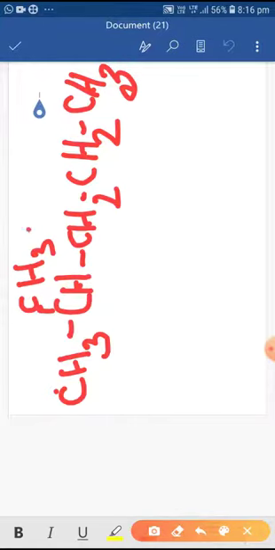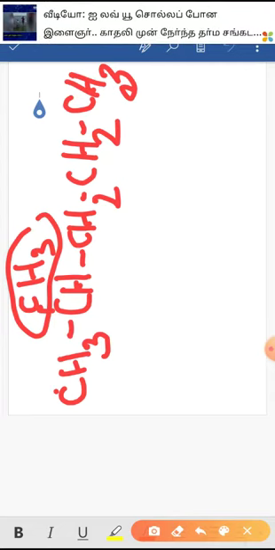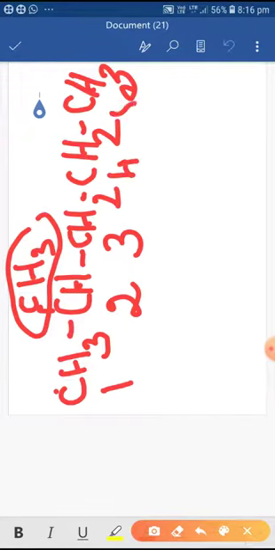Here CH3 is a substituent. You number this compound 1, 2, 3, 4, 5. So 5 carbons are numbered, and 1 carbon is not numbered, that is the substituent. So CH3 is a substituent, and that CH3 is at position 2.